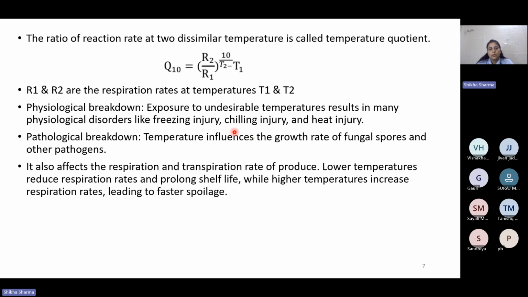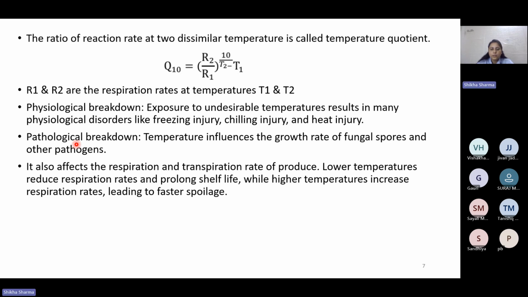If there is fluctuation in the temperature during storage, or if the complete cold chain is not well maintained, there can be chilling injury or freezing injury. Also, if the product absorbs heat and the temperature becomes very high, the product can be sensitive to temperature, causing heat injury as well.